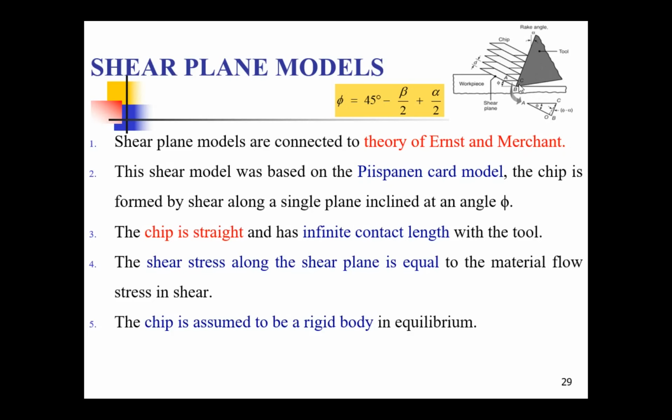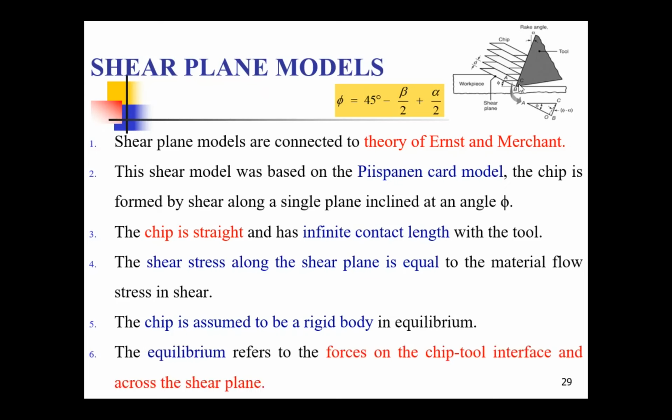Then the chip is assumed to be a rigid body in equilibrium. As we have seen previously, we make many assumptions so that the complexity of the model tends to reduce. But with too many assumptions, the model will be a lacking one, so that we cannot expect more from the model.